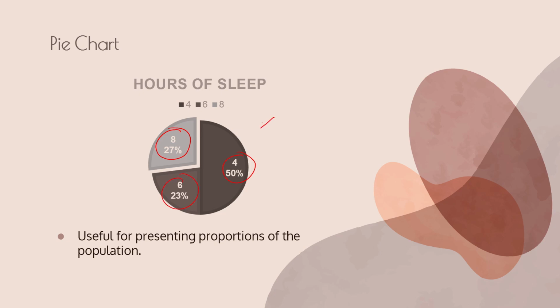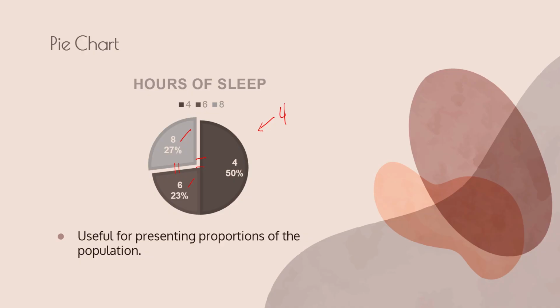So at a glance, it shows us that the majority or the biggest part of our respondents only had 4 hours of sleep. And about the same, the students who have 8 hours of sleep and 6 hours of sleep are almost equal to each other, and they comprise the other half of our population or our sample size.